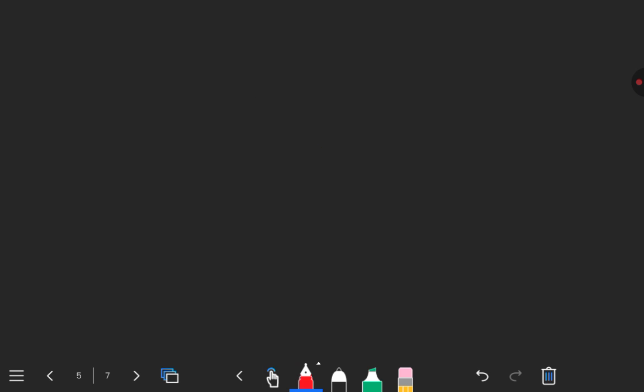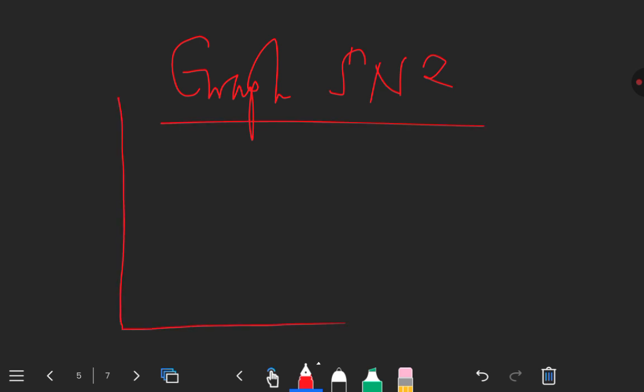Then when you're talking about the graph for SN2 reaction, it is just in this manner. So on this x-axis we have SN2, then on the y-axis we have energy, of course.